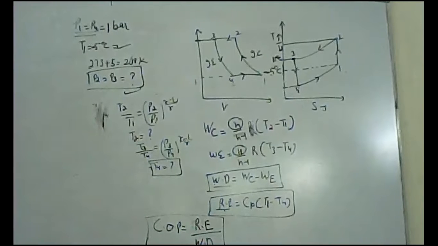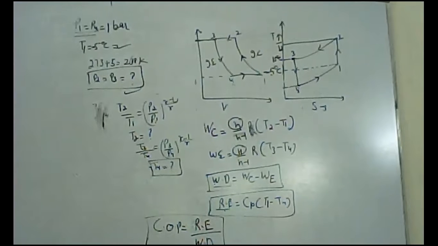So note down the values, beta. T2 will be equal to 448 Kelvin, and the value of T4 comes out to be 220 Kelvin. Work done by the compressor comes out to be 159 kilojoule per kilogram, and work done during expansion will be equal to 118.3 kilojoule per kilogram.